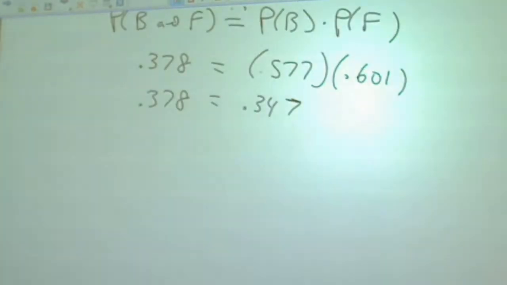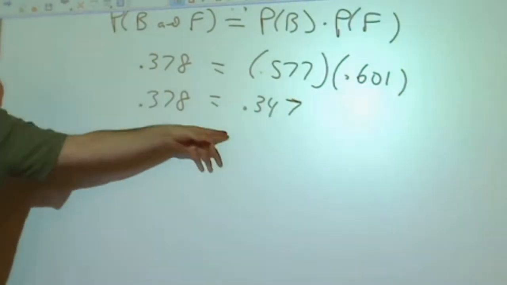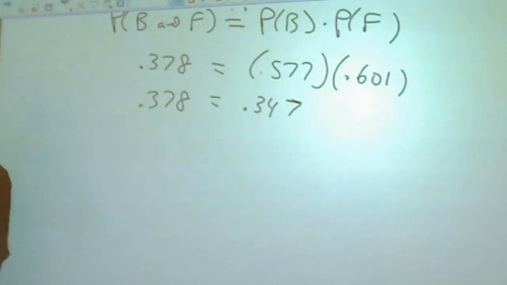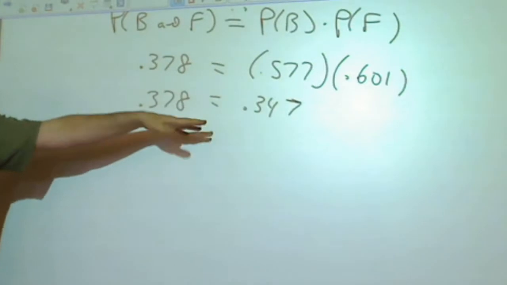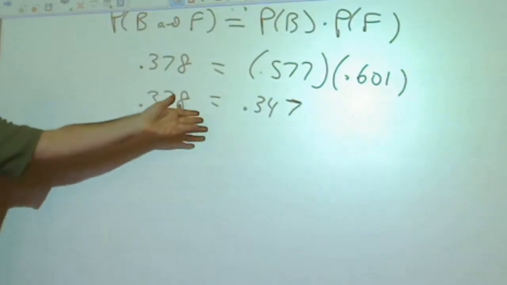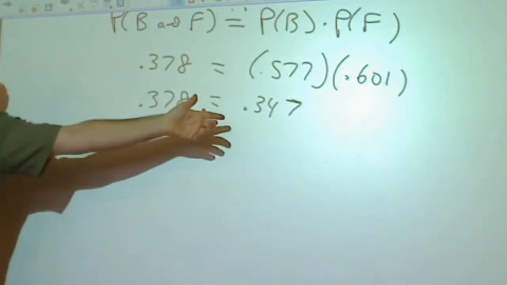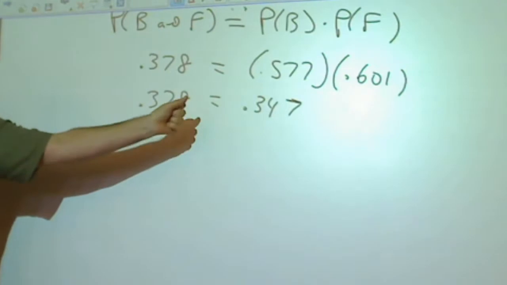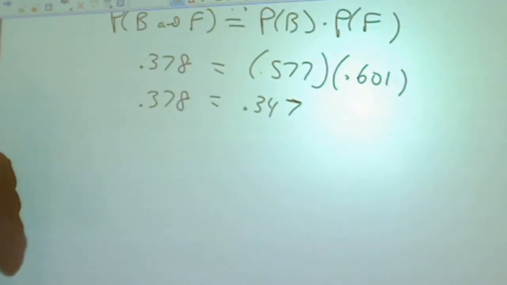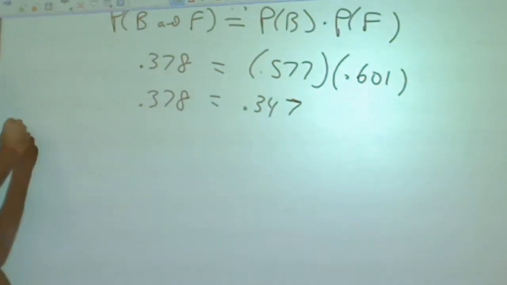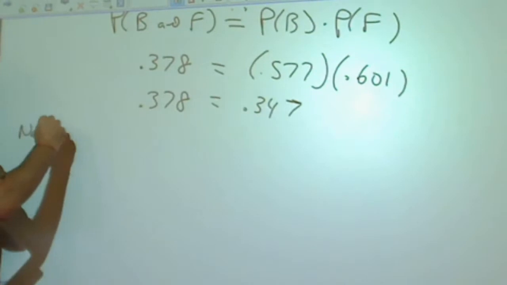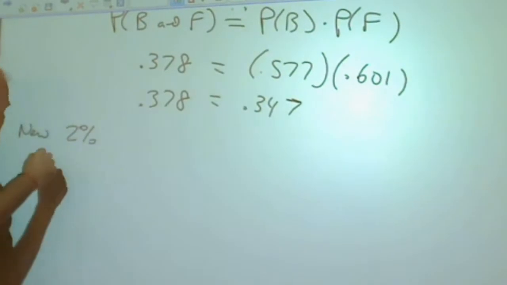We had a 5% rule before, but then I made a comment I'm really looking for a lot closer than that. So this is close enough, you know, either say yes, these are close enough, or say no, they're not close enough. If you want me to pick a number, let's pick 2%. If it's within 2%, say they're independent. I'm just pulling it out of my head. So new 2% rule.